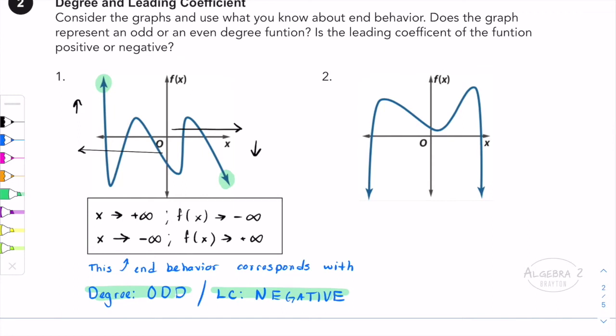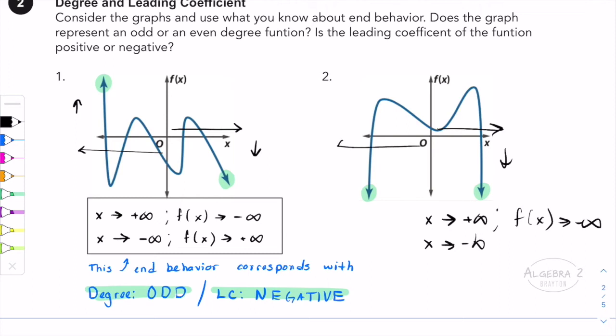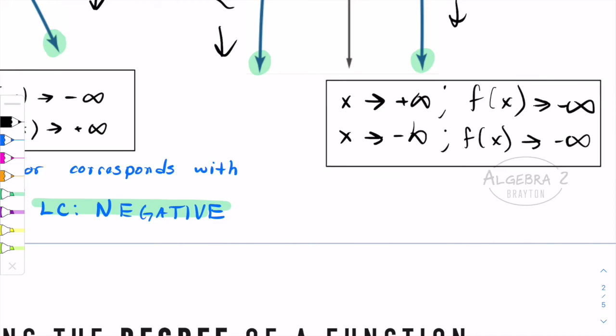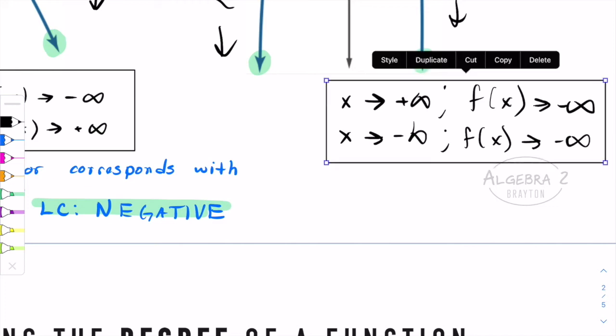And for number 2, both ends of this graph face down. As x approaches positive infinity, the function is heading down, towards negative infinity. And as x approaches negative infinity, the function is heading down towards negative infinity. This end behavior specifically corresponds with an even degree and a negative leading coefficient.